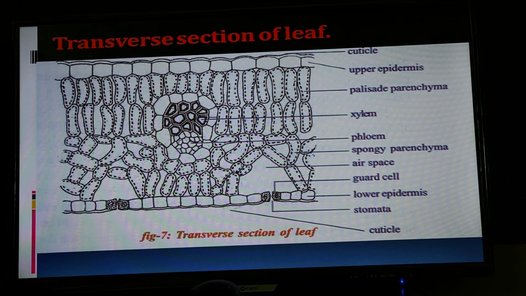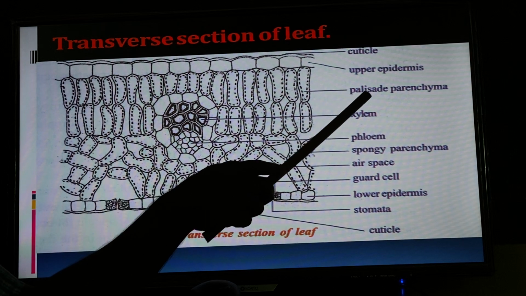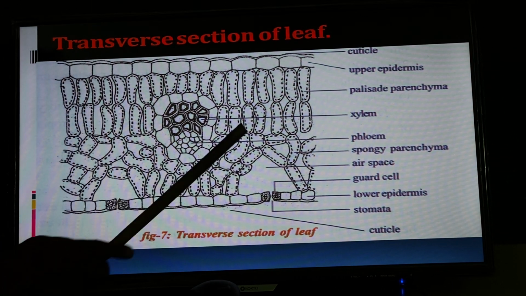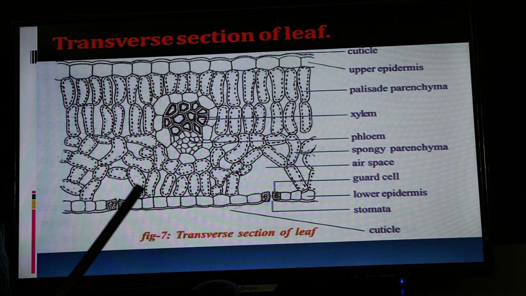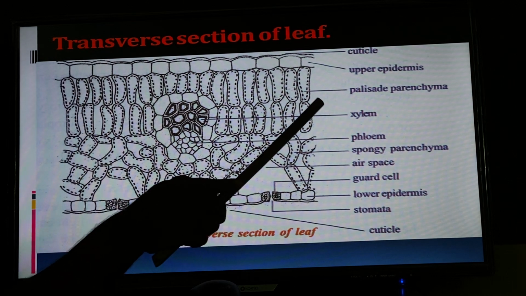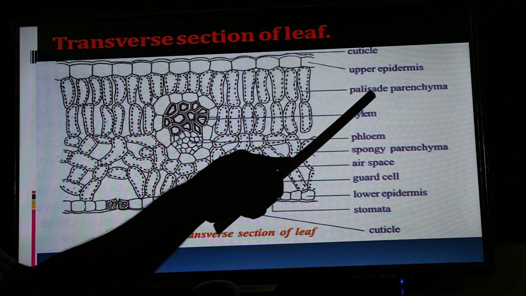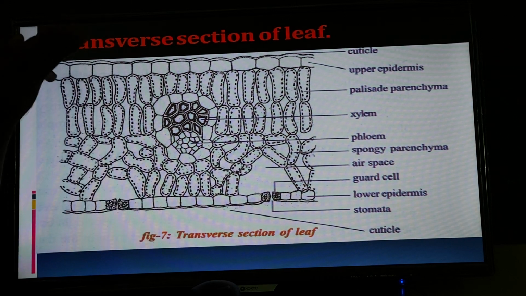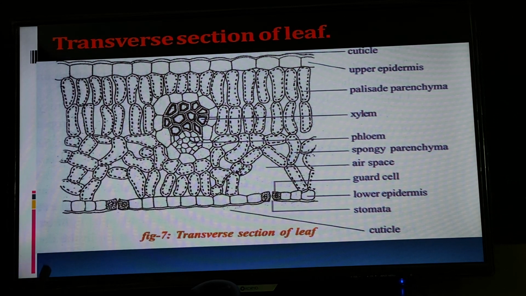Already we know that the upper side of a leaf is dark green compared to the lower side. That means palisade parenchyma contains more chloroplasts than spongy parenchyma. That is the major difference between them. Palisade parenchyma is present near the upper epidermis, the upper side of the leaf. Spongy parenchyma is present near the lower side of the leaf.